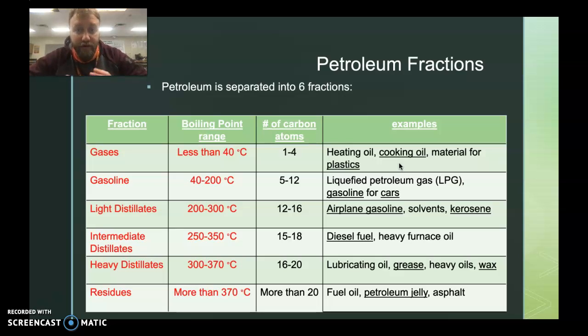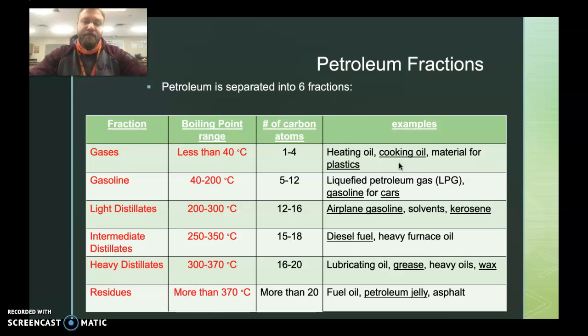The general rule of thumb is the more carbons you have, the more energy you're going to have. Also, the more compact the compound's going to be. Our gases are going to be gas, and then once we start getting to gasoline, it's going to turn into a liquid, and then slowly as we get higher and higher in our boiling point, we're going to get to residues, like real sticky, sludgy stuff like asphalt or motor oil.